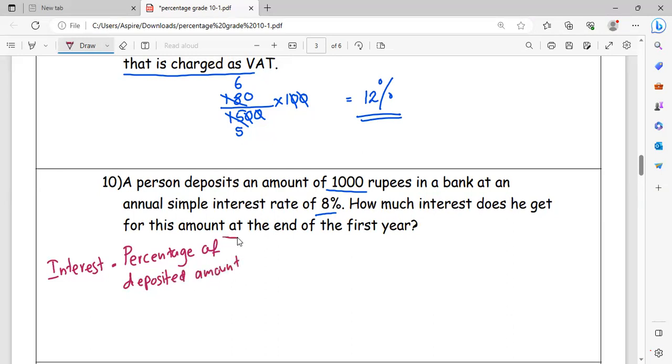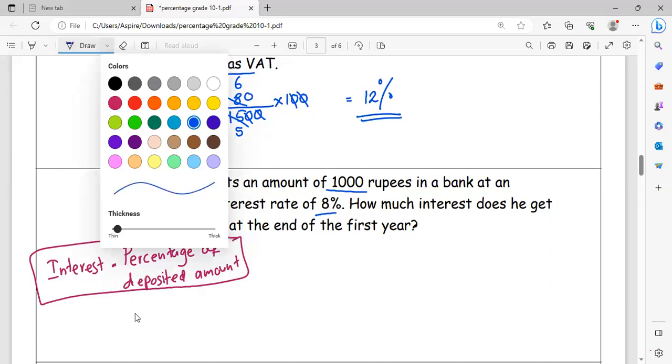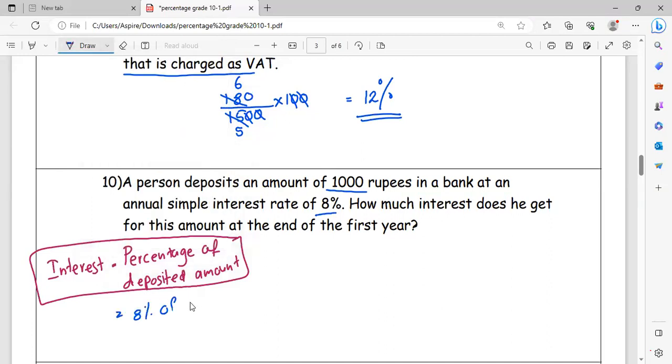This is the formula that you have to remember. 8% of the deposited amount, which is 1,000. 8% means 8 upon 100 times 1,000 rupees. Zero to zero cancel, zero to zero cancel. 8 into 10, the answer is 80 rupees. Okay.